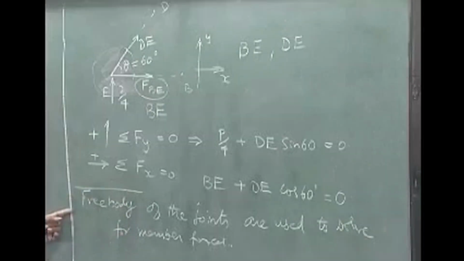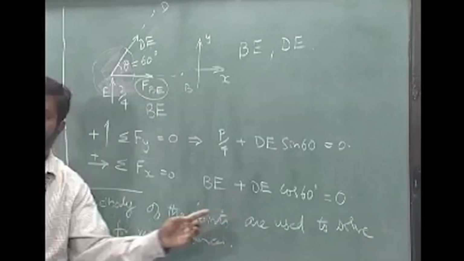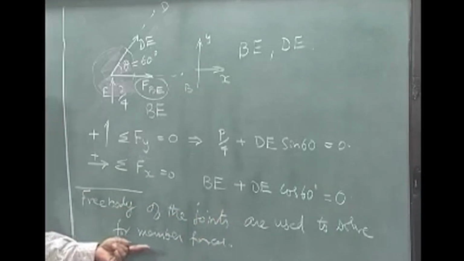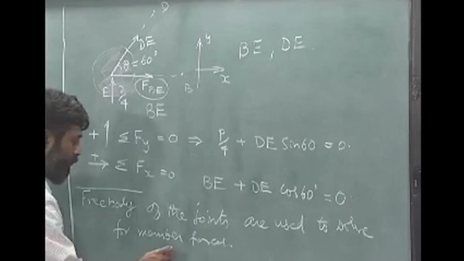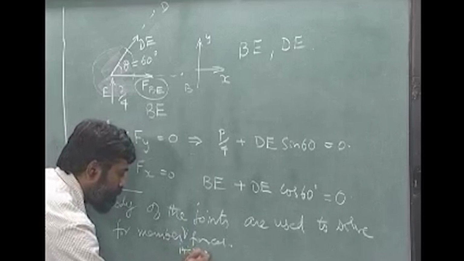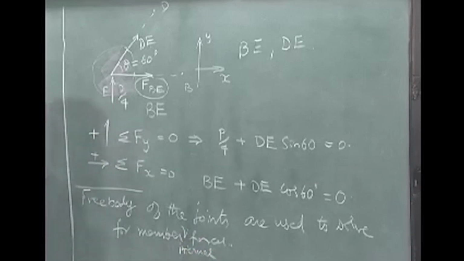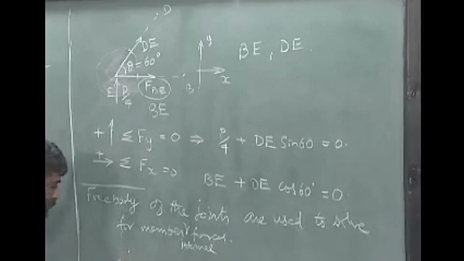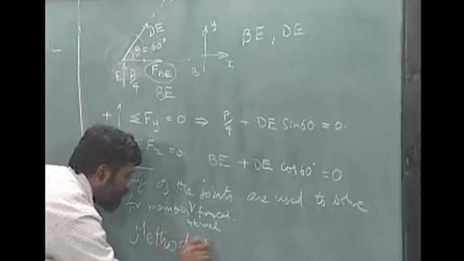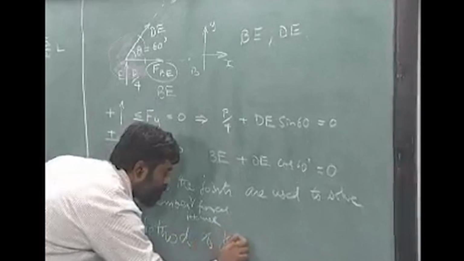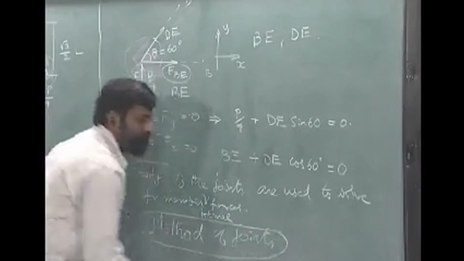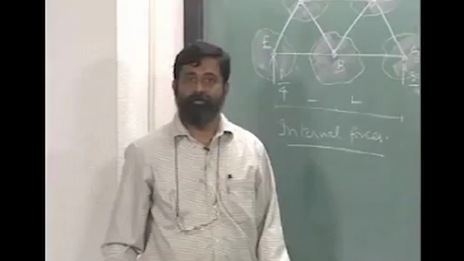Such a method where I use the free body of the joints in finding out the member forces, I am going to introduce here member internal forces or simply member forces, is called the method of joints. Alright.